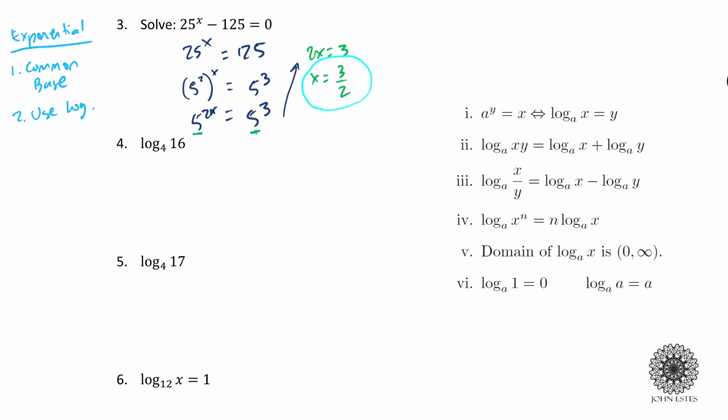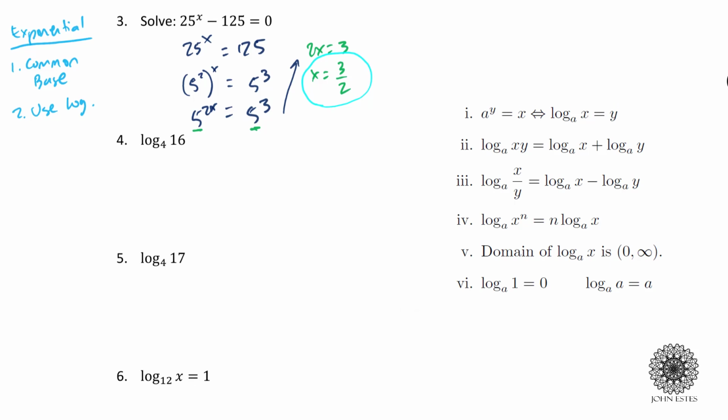Now moving on to number 4, we have a logarithmic equation. There are two ways to think about this. The first way to think is, remember I said that when you input into a log, what comes out is the exponent. There's no x here, but you could write x. What I need to think about then is: what power of 4 gives me 16?